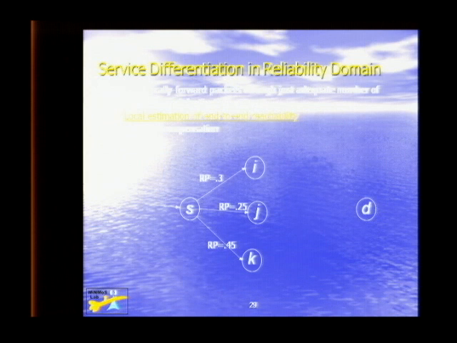So again, in this graph here, for example, I show that if you have a packet with a reachability probability requirement of 0.2, you can choose any of these links to forward your data. But if you have a higher packet reaching probability, let's say 0.5, then you have to make sure that you send it over two different possible paths, because they can converge later on, with at least two different copies.